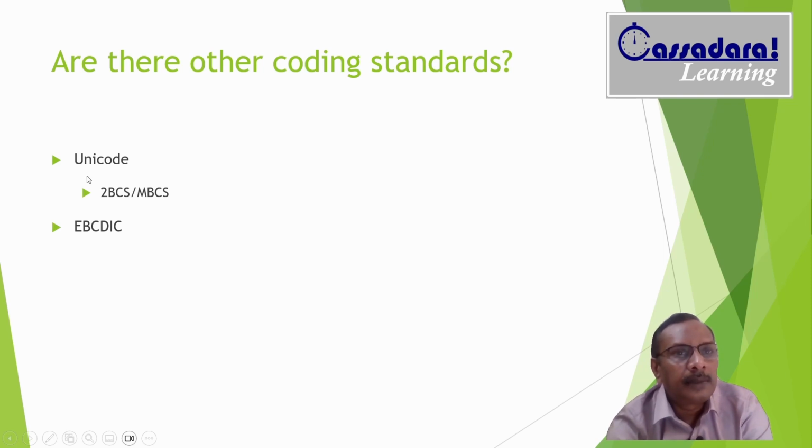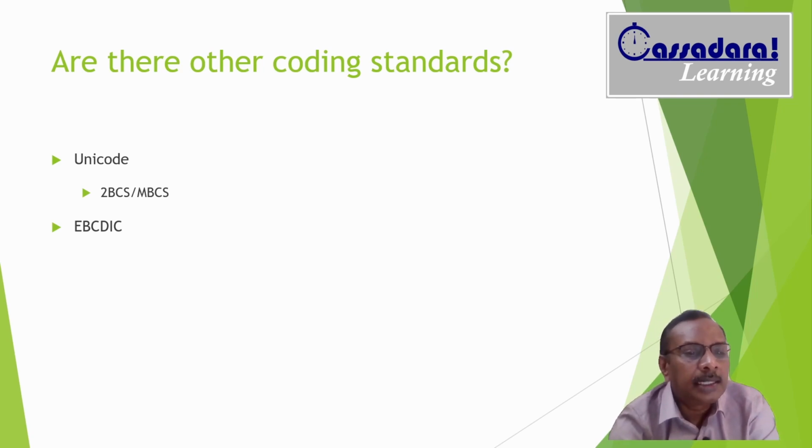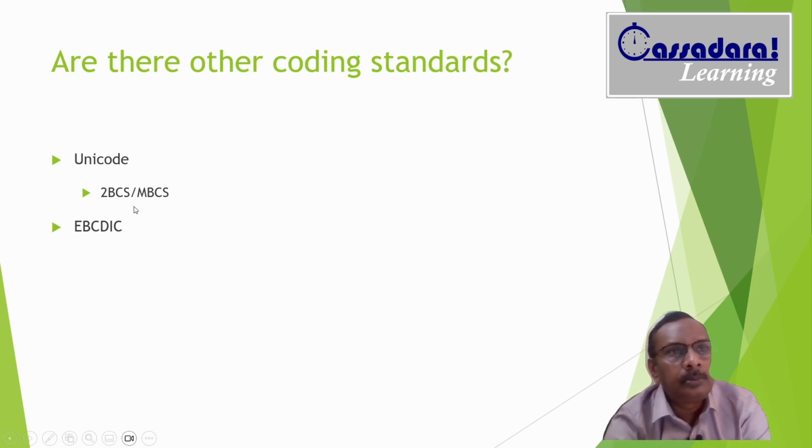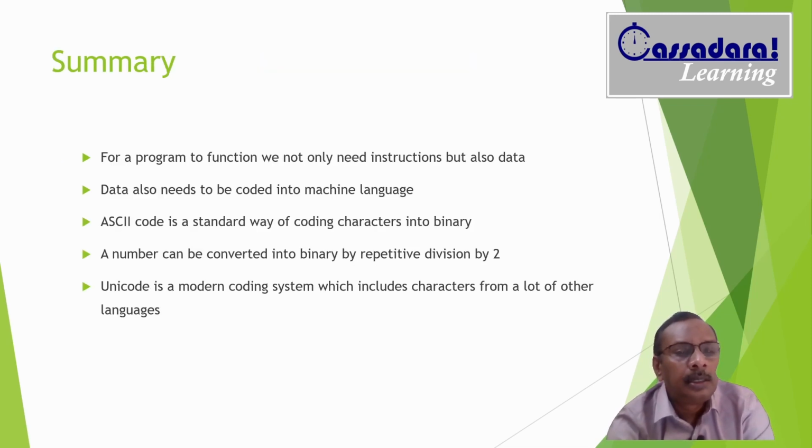And we have something called Unicode, which includes the character set of all the languages of the world, and since it's 2 bytes, it can accommodate up to 65,536 characters, which is more than enough for all the world's languages.